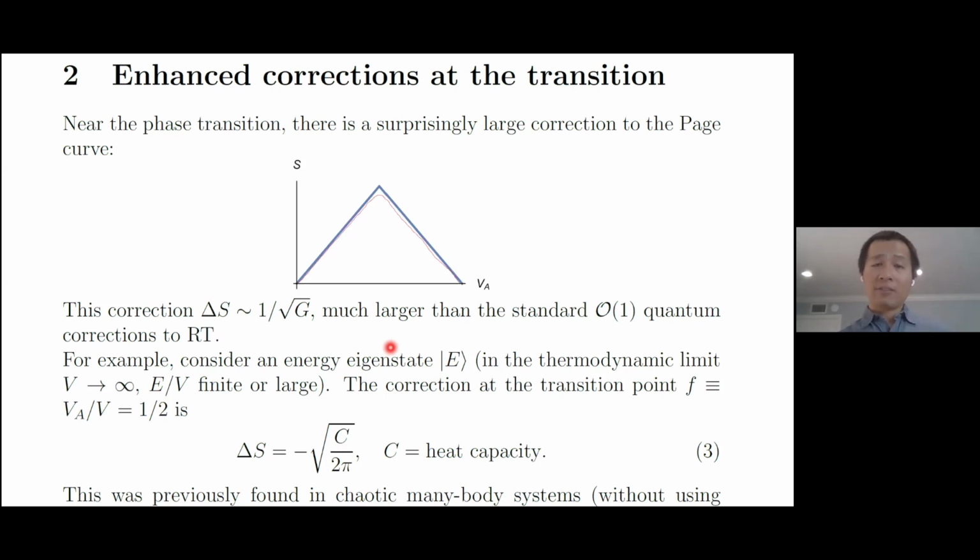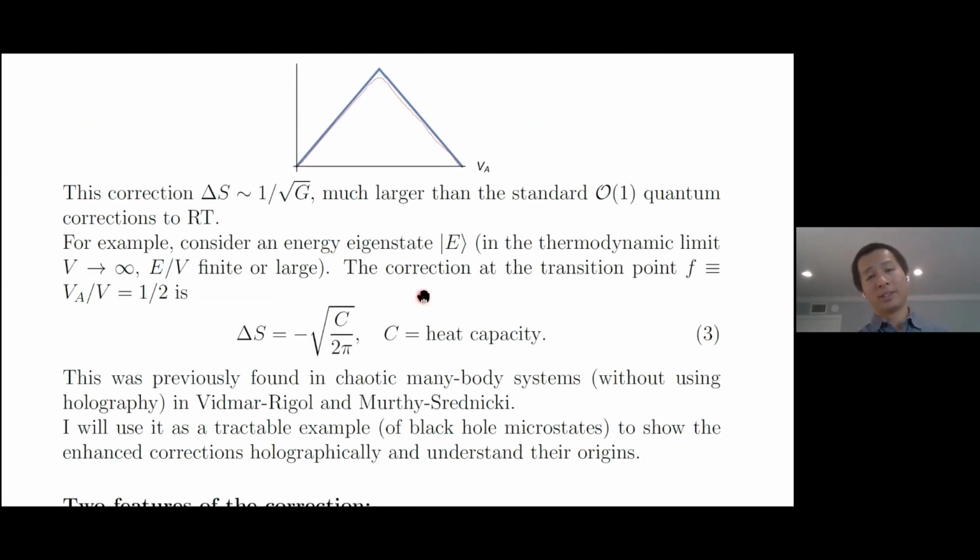So just to give a concrete example where this happens, we can consider an energy eigenstate for the full system. And for various reasons, it's simplest if we take some kind of thermodynamic limit where the volume of this whole system goes to infinity while keeping the energy density finite, or keep it large. It doesn't matter as long as it doesn't go to 0. In this case, the correction is very simple if we calculate it at the transition point.